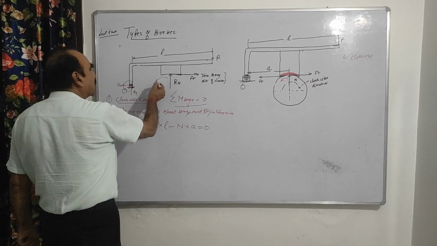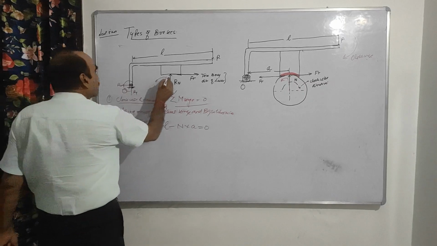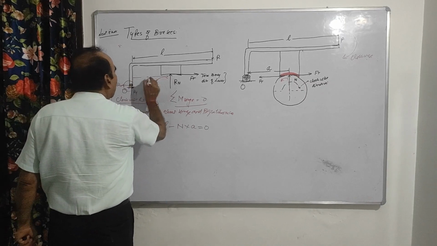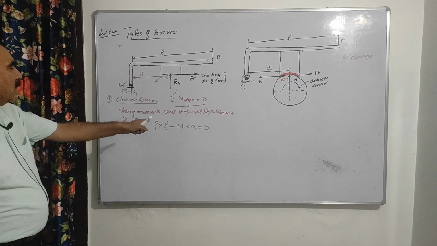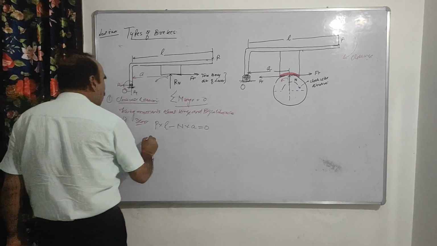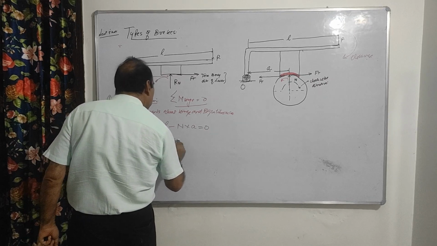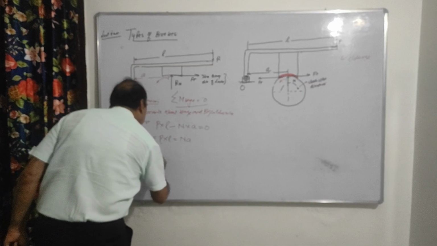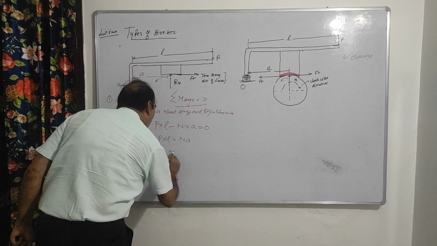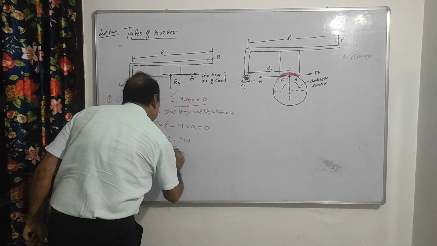So minus Rn into A. Suppose this distance from here to here is A. So P into L minus N into A is equal to 0. Therefore P into L is equal to N into A, and P is equal to N into A divided by L. समझ आया?